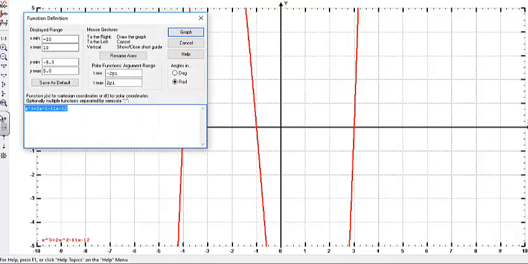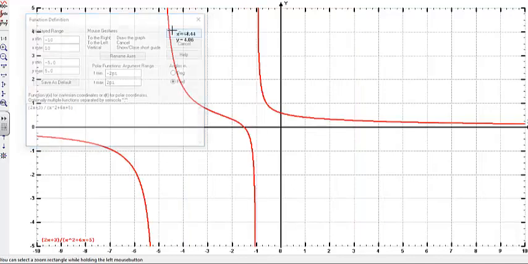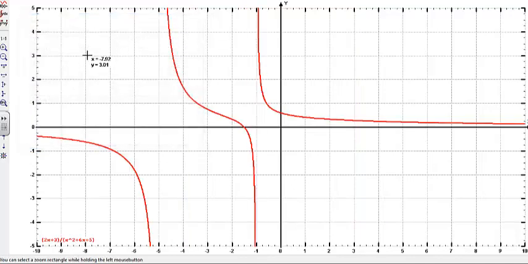So what we had was 2x plus 3 divided by x squared plus 6x plus 5. Graph it. And, uh-oh, what happened here? Did I enter that correctly?